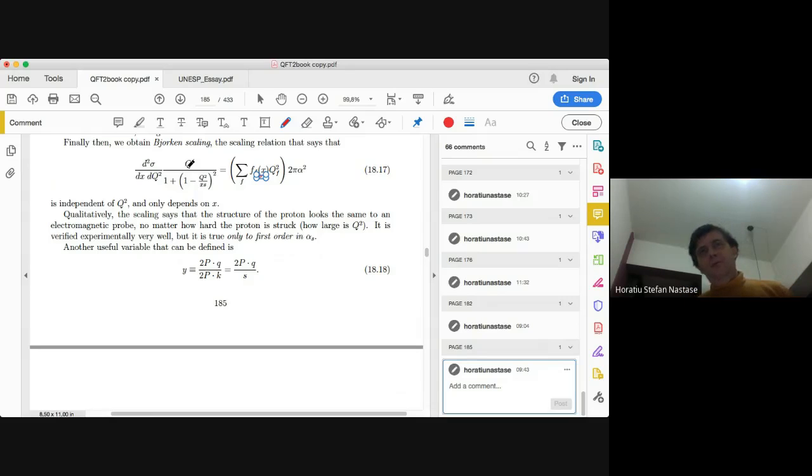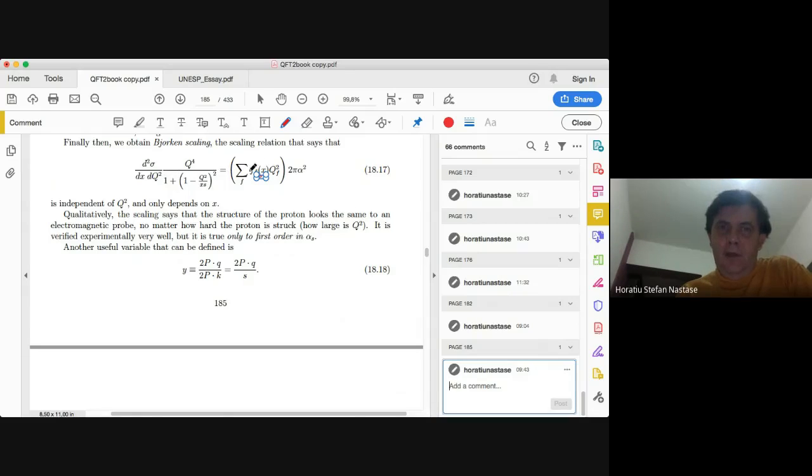So we're probing basically with this q squared. So what this qualitatively says is that the structure of the process looks the same to an electromagnetic probe, electromagnetic probe meaning the electron probing via a photon, no matter how hard the proton is struck. So independently of q squared, right?